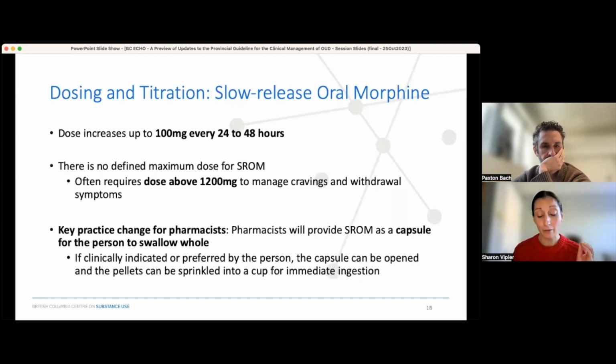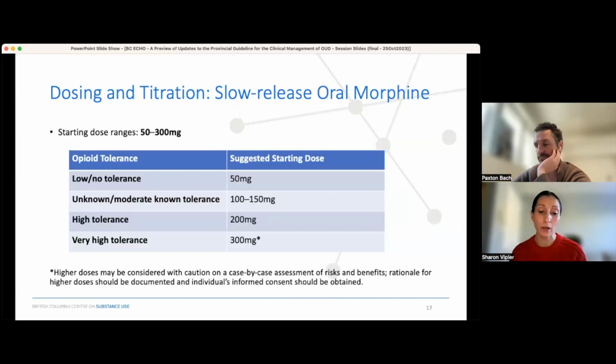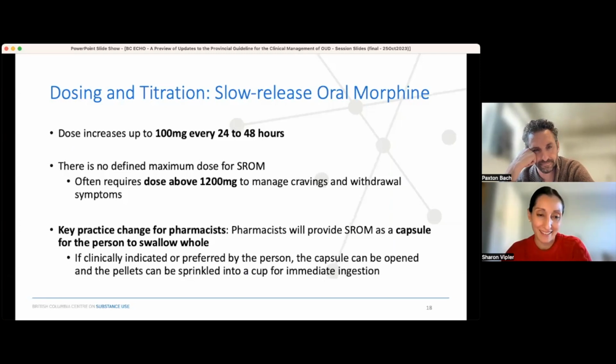Higher doses for initiation could be considered with caution on a case-by-case assessment of risks and benefits, and the rationale for higher doses should always be documented, and also ensuring that you've engaged in an informed consent conversation with the patient so they understand what's being offered and what the perceived benefits are to being offered something that sits outside of guidance or guidelines, but also what the potential risks are, and ideally a conversation about how to best manage those potential risks. Next slide, thank you.